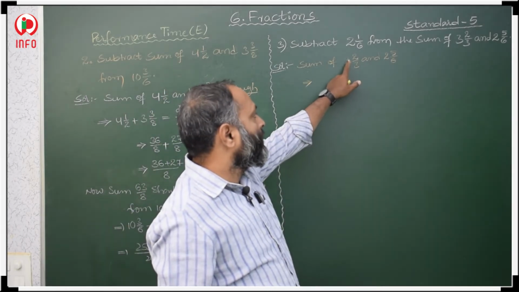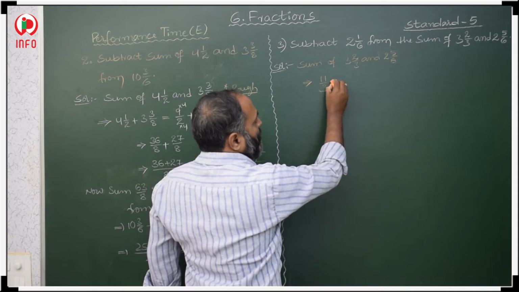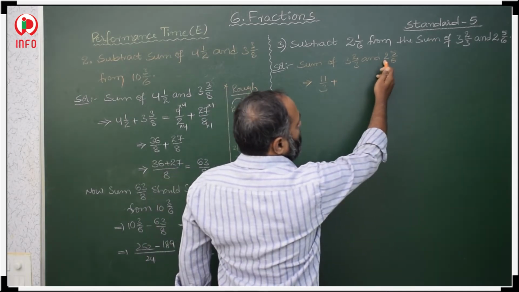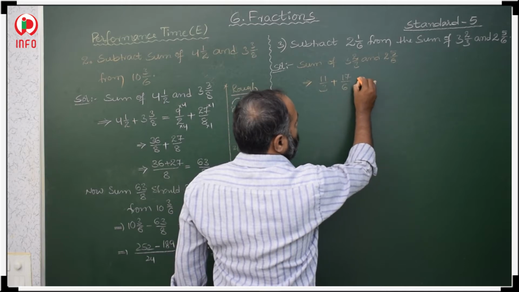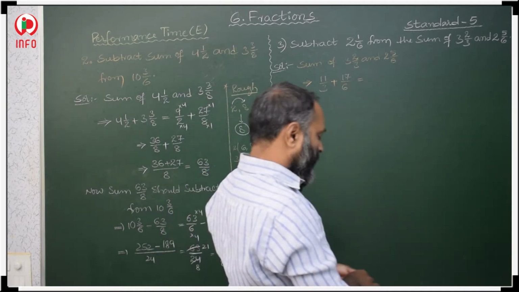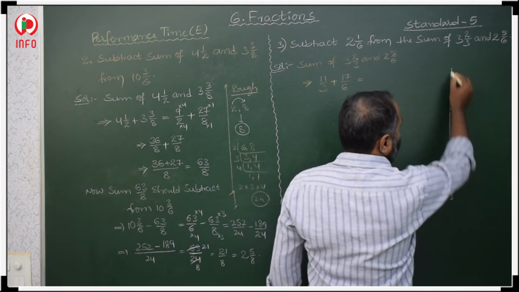These two are mixed, so we have to convert them into improper fractions. 3 threes are 9, plus 2 is 11, so 11/3, plus 6 twos are 12 plus 5 is 17, so 17/6. Now we have to find the LCM of the denominators. This is our rough column.